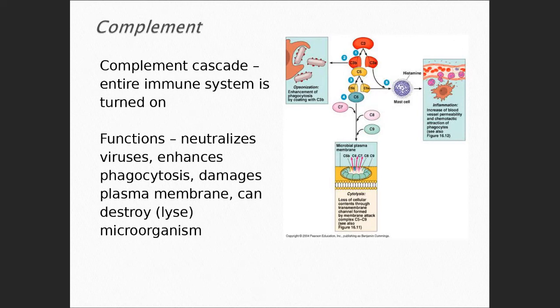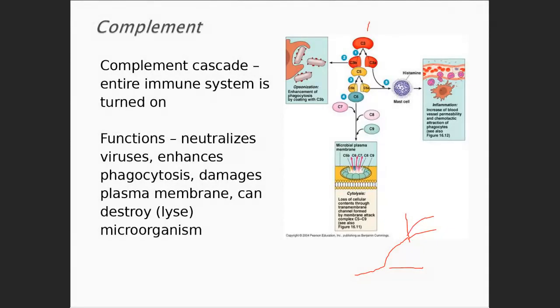The complement sequence is initiated by one protein becoming excited right here, and then it excites two others, and then a bunch of others, and then eventually you have these cascading particles all get initiated all at once. And so all of these proteins can come in and help to fight the infection.